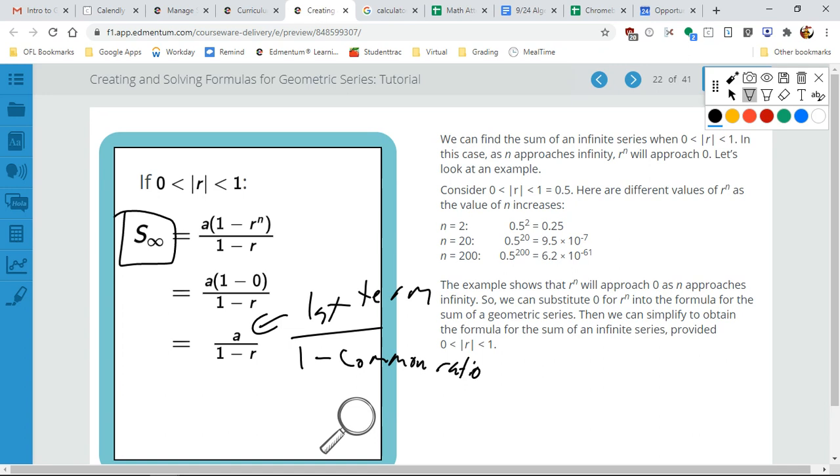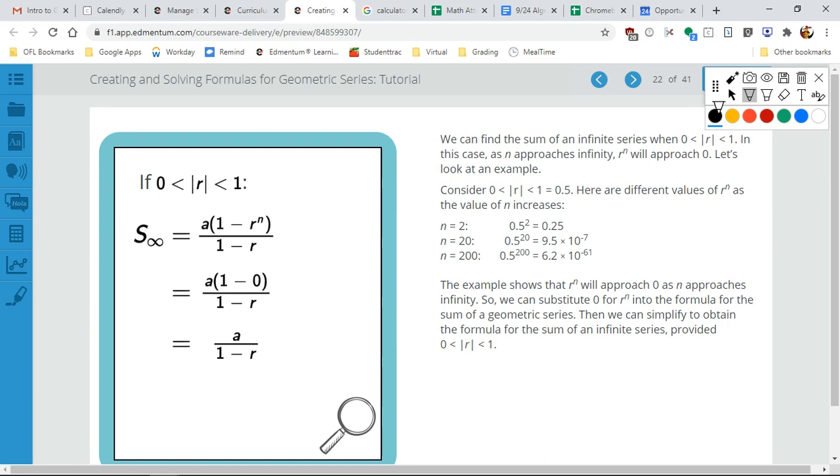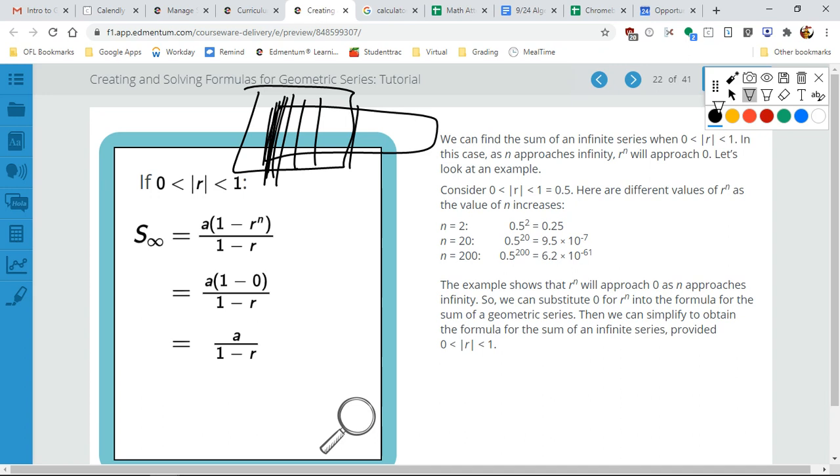And it could be a negative fraction. That's why they have the absolute value. They're just saying, hey, it's a fraction. It's between 0 and 1. Some type of fraction or decimal. And that's from, like I said, if you keep cutting something in half over and over again, and you add all of this together, you get a fixed number.